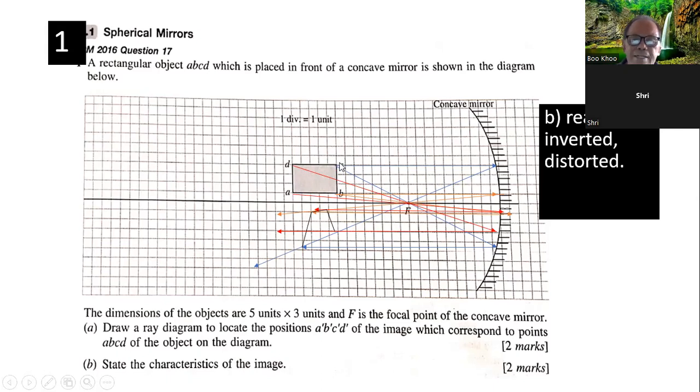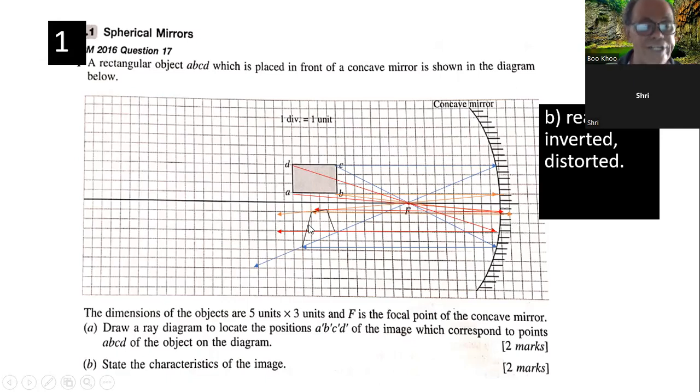There is your parallel ray. After reflection, it passes through the focal point. Then this one goes from the object, passes through the focal point. After that, it comes out parallel. So that is your C dash. Same thing, D is from here, comes out to here, and after that, reflected parallel.